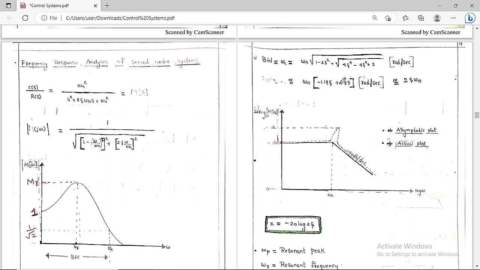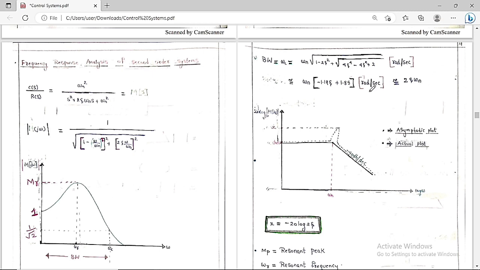So bandwidth is equal to omega c, which is equal to omega n into the square root of 1 minus 2 zeta square plus the square root of 4 zeta to the power of 4 minus 4 zeta square plus 2 radians per second, and is nearly equal to omega n into minus 1.19 zeta plus 1.85 radians per second, and nearly equal to 2 into zeta into omega n.